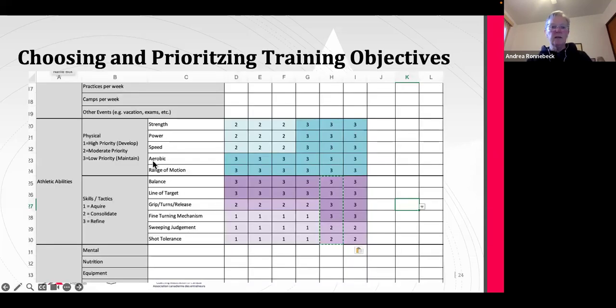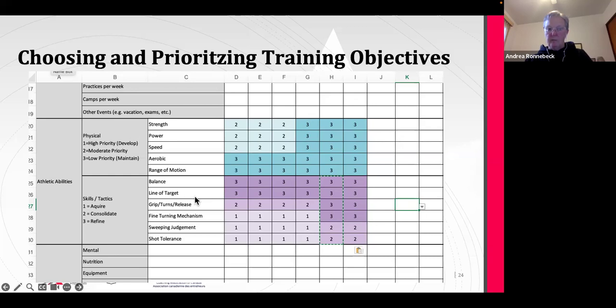So this is just an example of the physical, in the general preparation phase. Physical here, we want a moderate priority, and then it's going to slowly become a lower priority as we maintain.